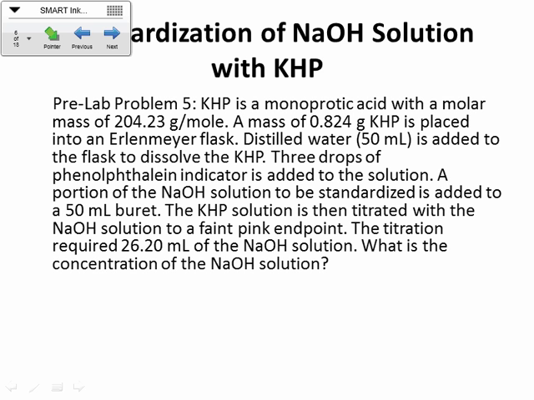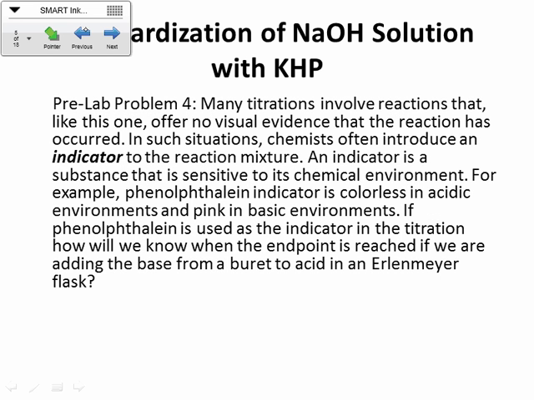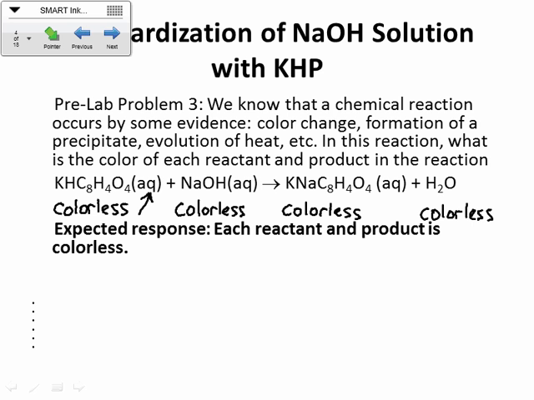Okay, that's a little tricky. What we have to think about here is the reaction that's taking place. The reaction was given to us right here. Notice in this reaction there's one hydrogen, that's why it's called monoprotic.